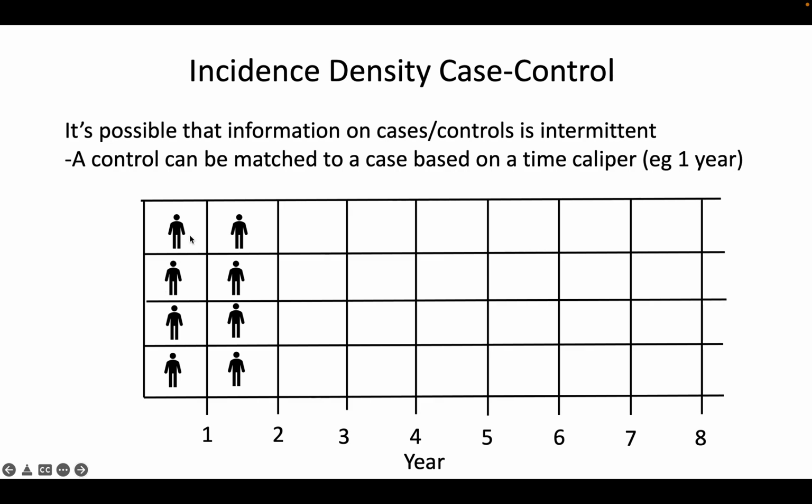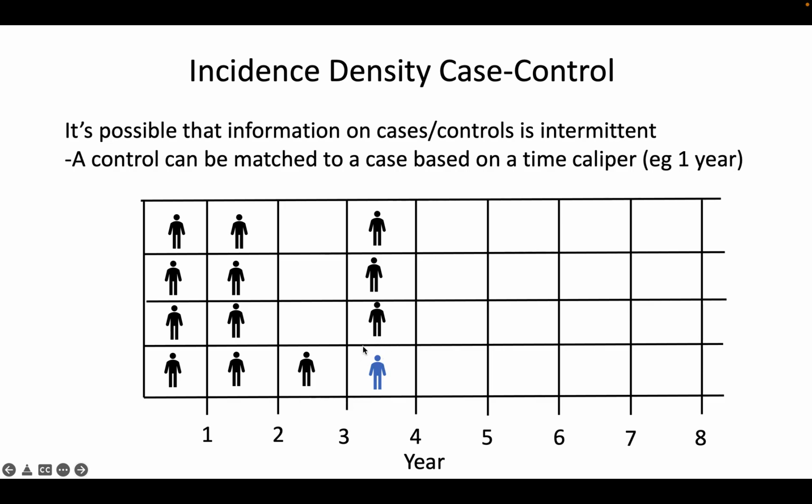So we're following this group over time, and this individual became a case in between year 3 and year 4. So we find someone that we have data on in that time period, and we can choose them as a case.